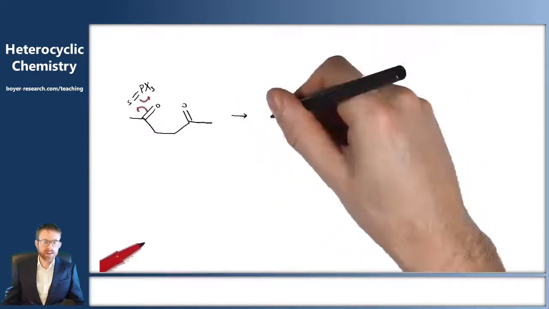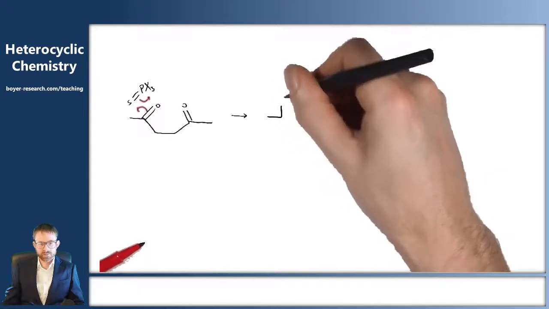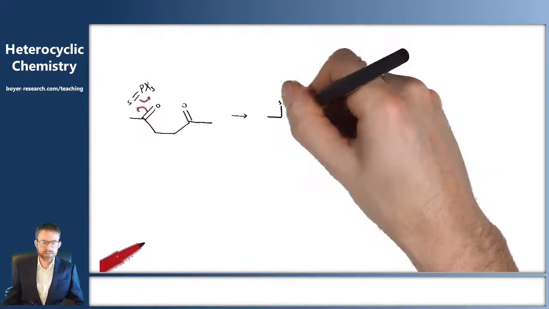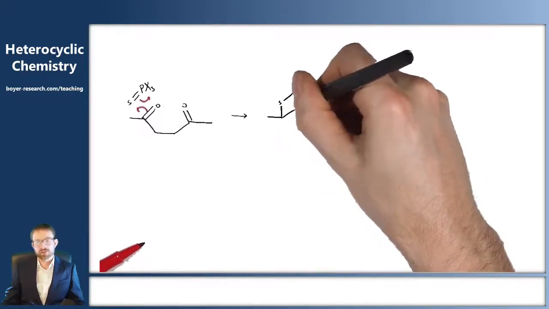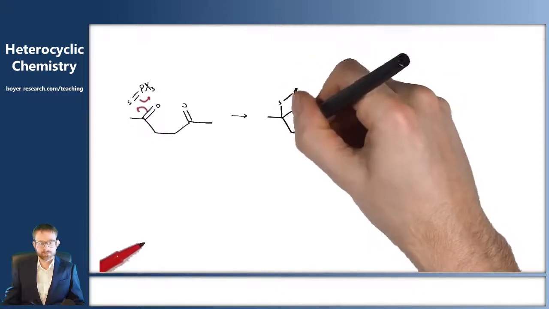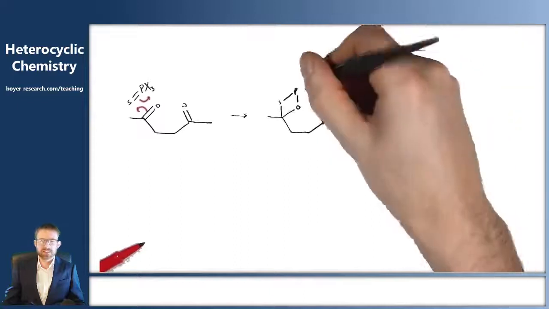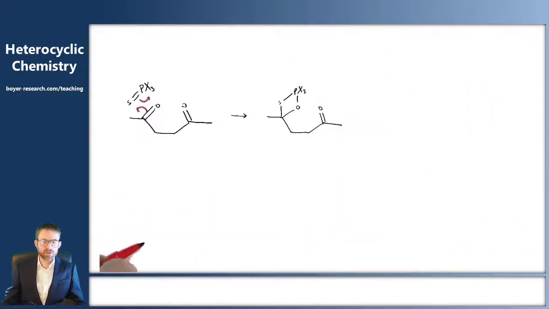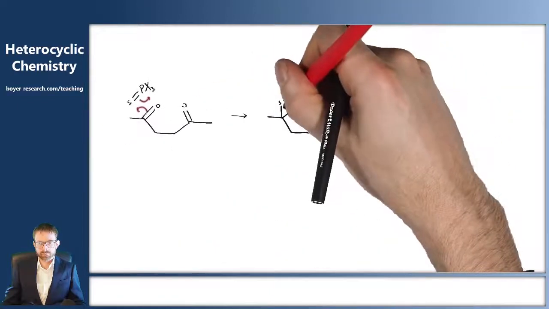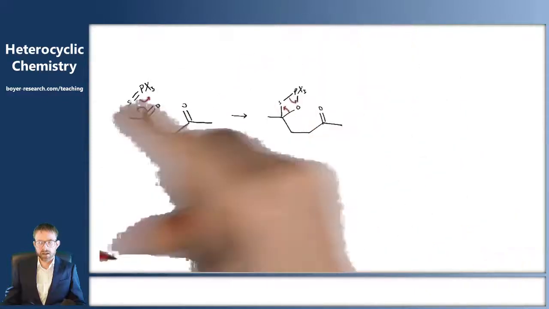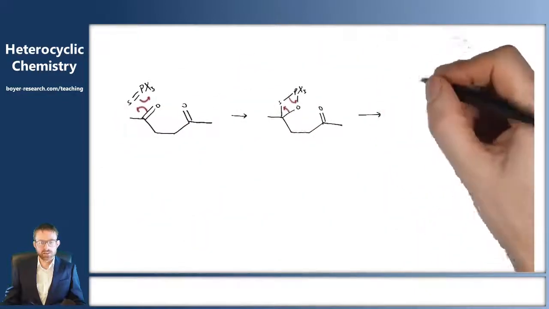We form an intermediate 4-membered species that makes the first phosphorus-oxygen bond. Then by pushing the same arrows again, we complete the process and form our thioketone.